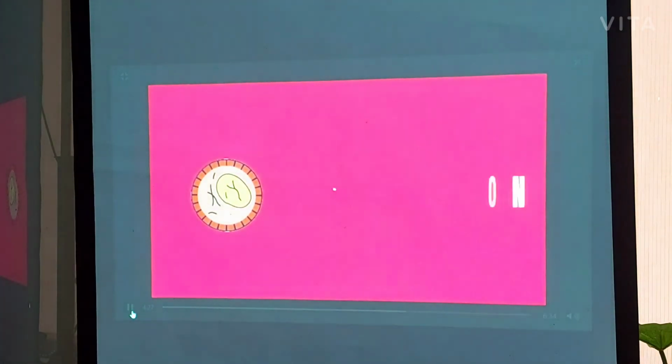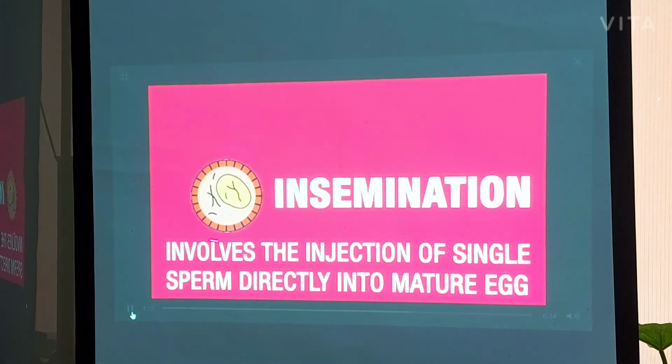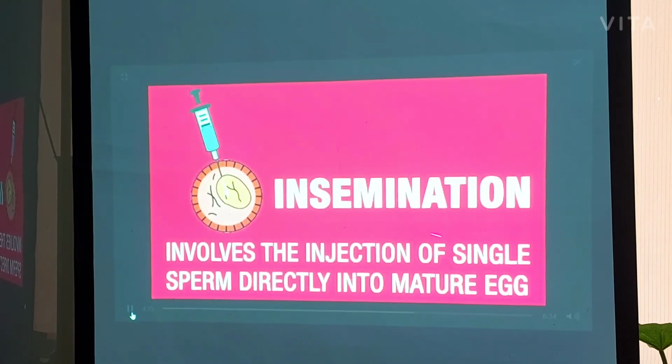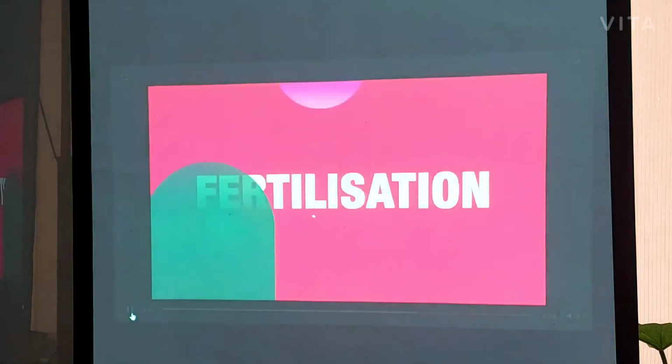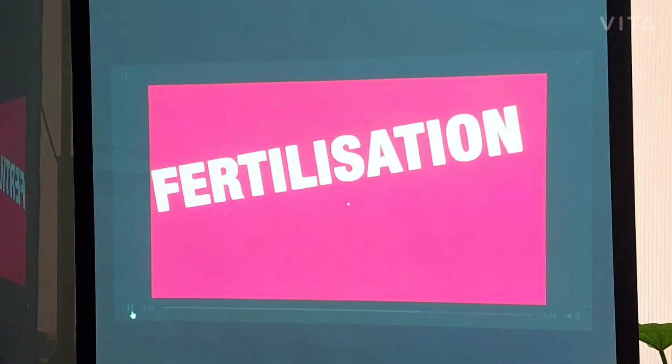sperm injection. Here the insemination is done. It involves the injection of a single sperm directly into a mature egg. Fertilization happens in about 60 to 70%.